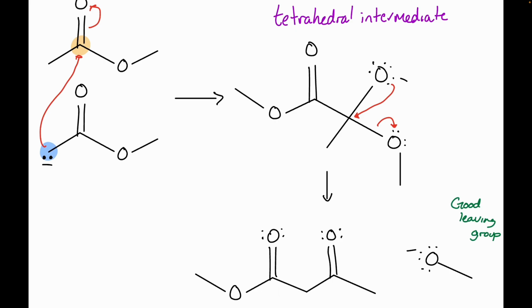Well, let's look really carefully at the previous step and compare it to this step here. Both my tetrahedral intermediate and my leaving group are an alkoxide ion. So, from the standpoint, what's up? Did I mess it up?